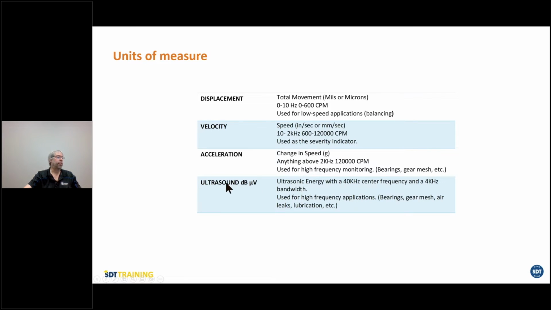And finally, ultrasound, which is dBs and dB microvolts. Ultrasonic energy with a 40 kilohertz center and a 4 kilohertz bandwidth, used for high frequency applications like bearings, gear mesh, air leaks, and lubrication. dB is for sound in general. Like you'll probably hear dBA for acoustic, for like a trumpet and a guitar, for example, have a different number of dBs.